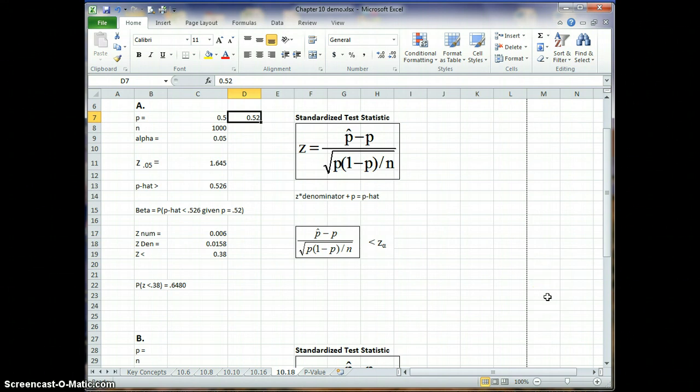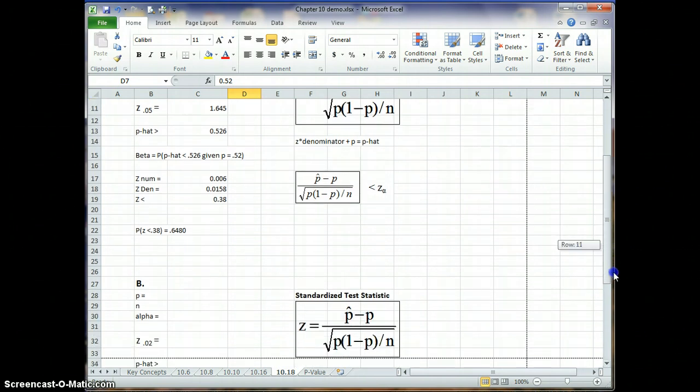Now let's recalculate this for part B, but instead of alpha at 0.05, we're going to use 0.02. So again, we've got p of 0.52, we've still got n of 1,000, and the alpha of 0.02. Now what we need to do is go look for the z-score for that alpha at 0.02.